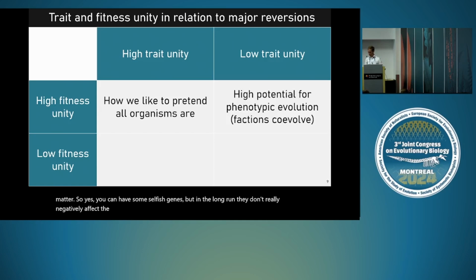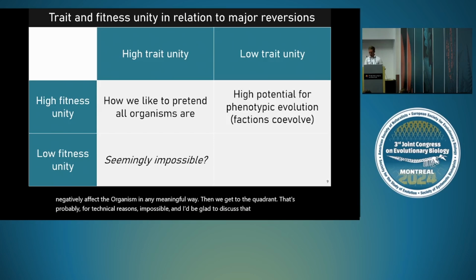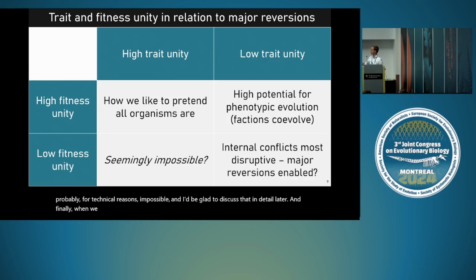So yes, you can have some selfish genes, but in the long run, they don't really negatively affect the organism in any meaningful way. Then we get to the quadrant that's probably, for technical reasons, impossible, and I'd be glad to discuss that in detail later. And finally, when we have low trait unity and low fitness unity, we basically get to the realm where we have a lot of disagreement over organismal phenotypes, and these differences in optima are also meaningful.